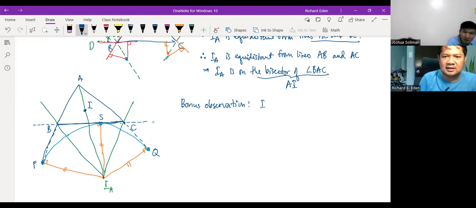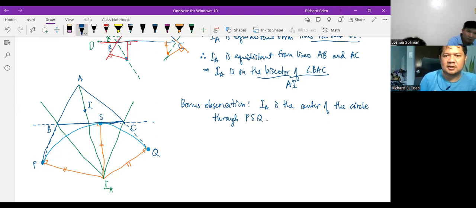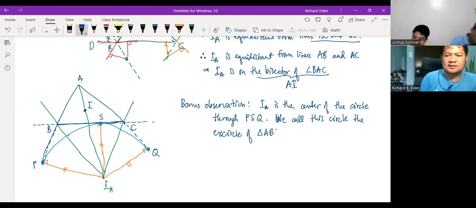Okay, I sub A is the center of the circle through P, S, Q. We call this circle the Excircle of triangle ABC opposite A. Meron pa pong uses po yung Excircle.